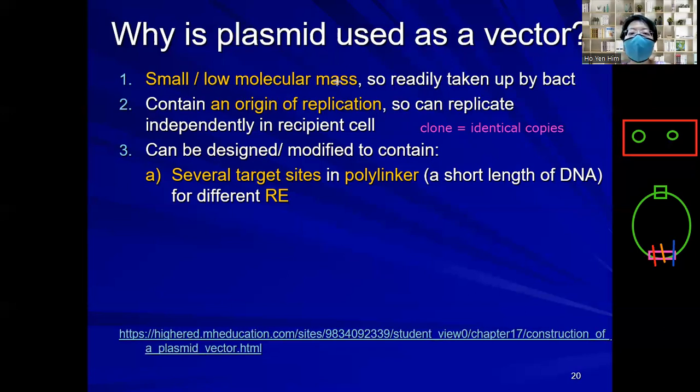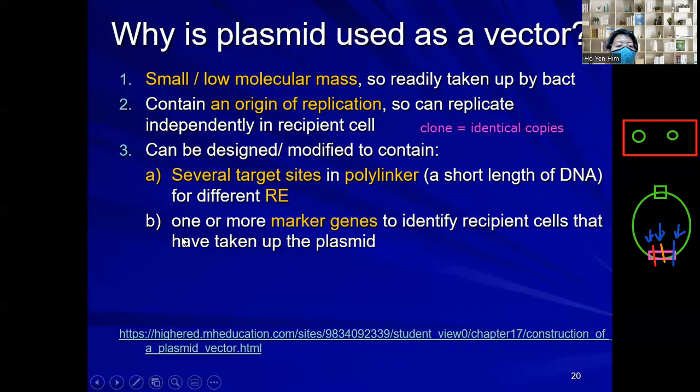If I want to cut the DNA here, I must use a restriction enzyme that can cut here. If I want to cut it here, I must use a restriction enzyme that can cut here. Okay, so I add this polylinker in so that I can cut it.